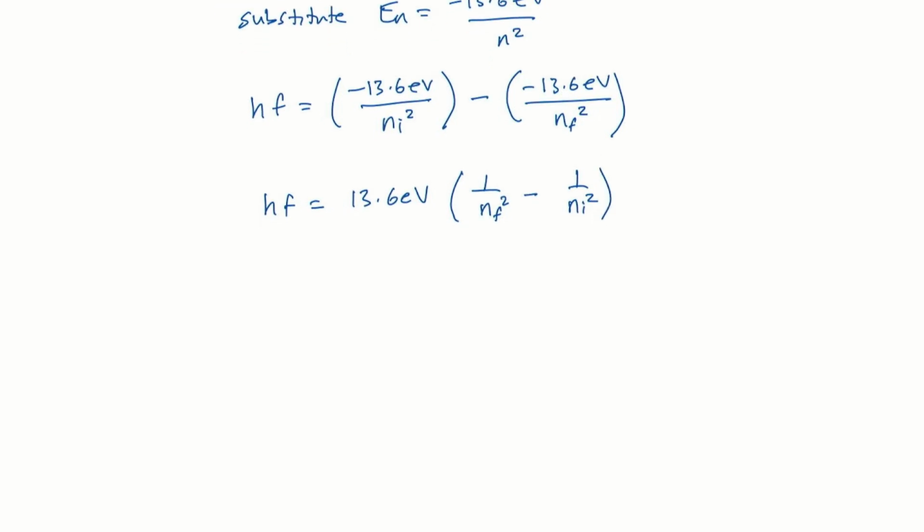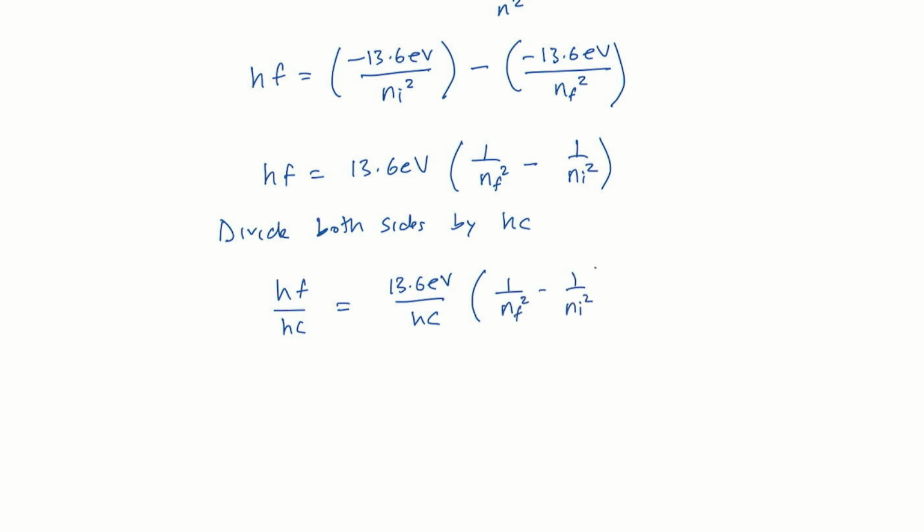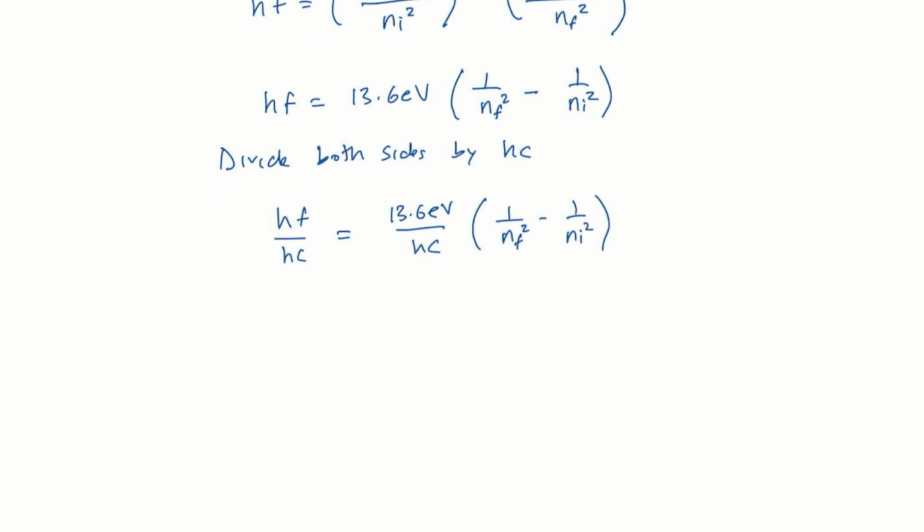Okay, let's divide both sides by h times c. So we have hf over hc is 13.6 electron volts over hc times 1 over n sub f squared minus 1 over n sub i squared. And now we know c equals lambda f, right? We're canceling our h's here. And c is lambda times f.